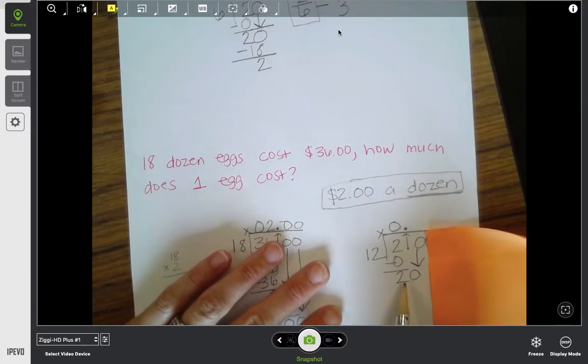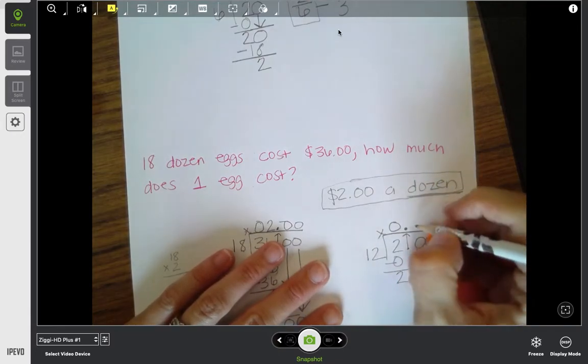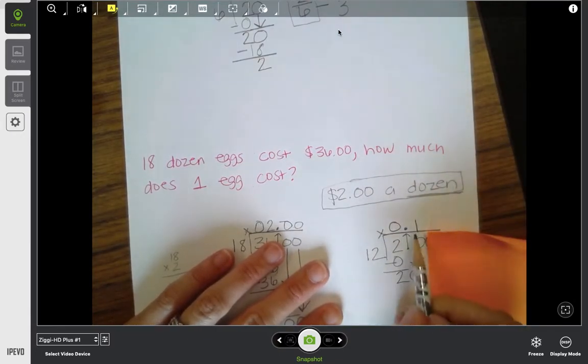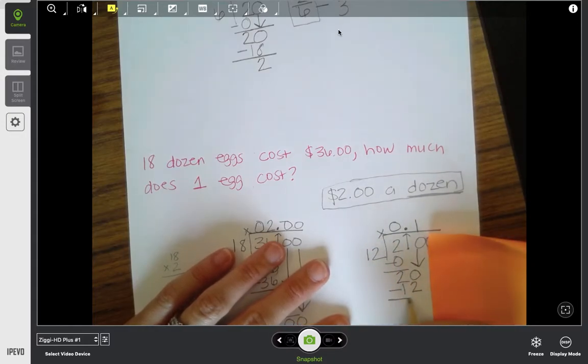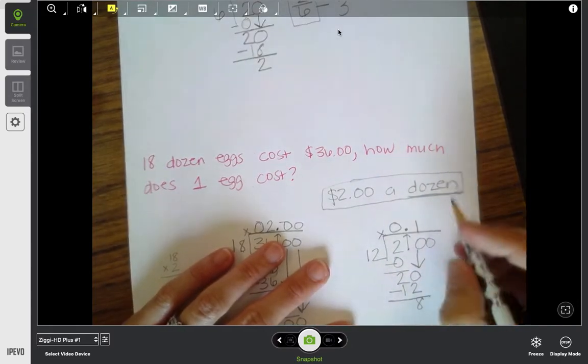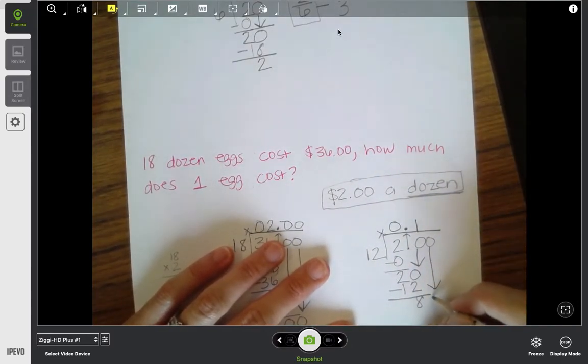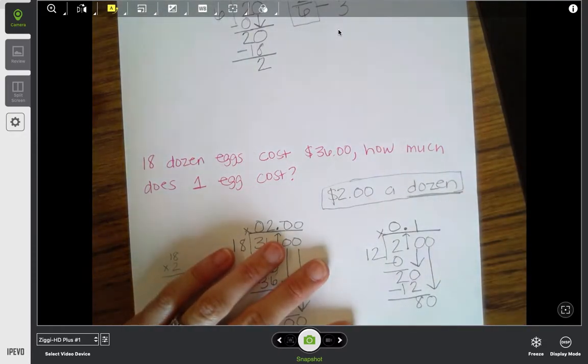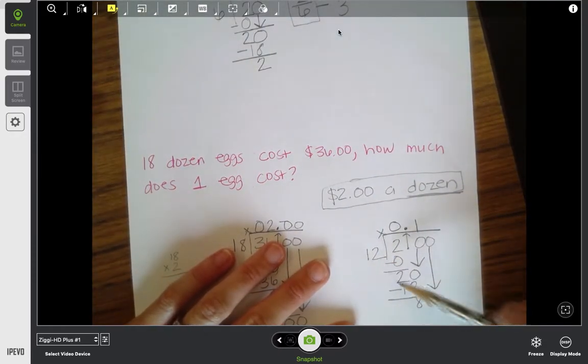12 will go into 20 one time because 1 times 12 is 12. Got 8. Okay. I'm going to bring down my 0, making the 8 an 80. Here, I might have to do some multiplication out to the side.